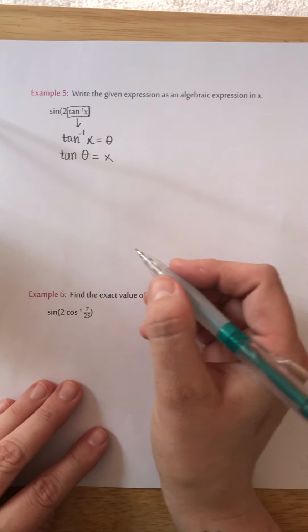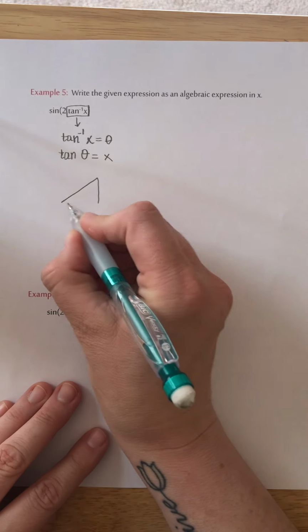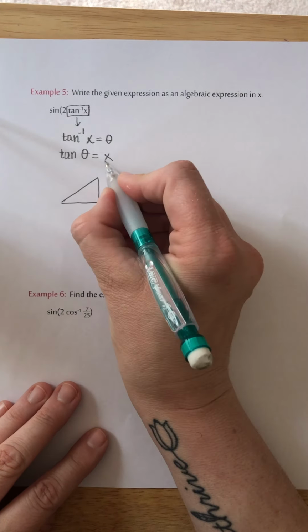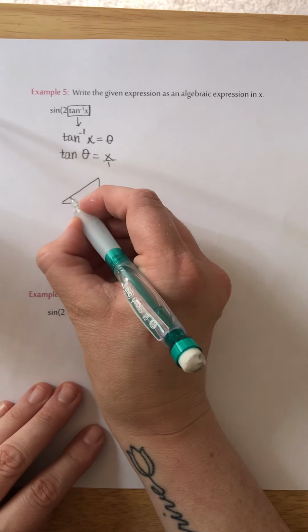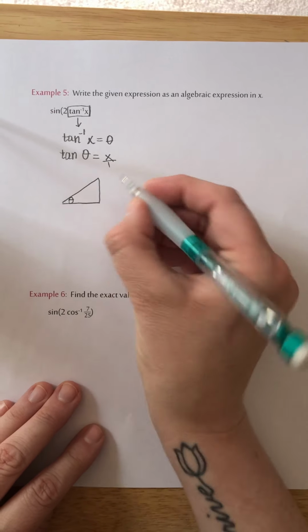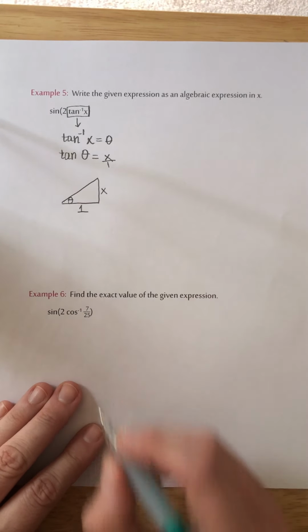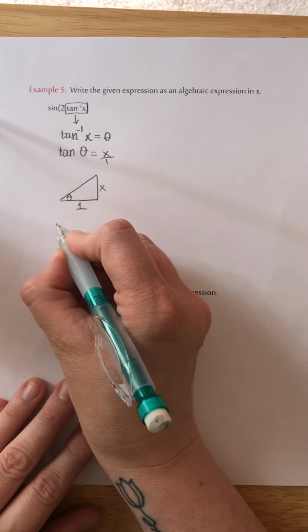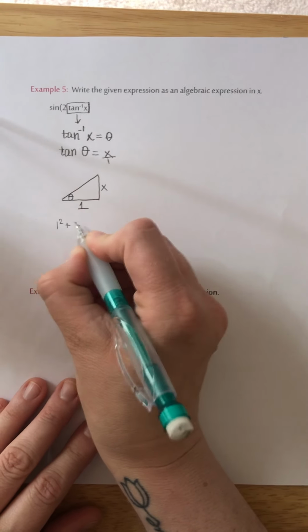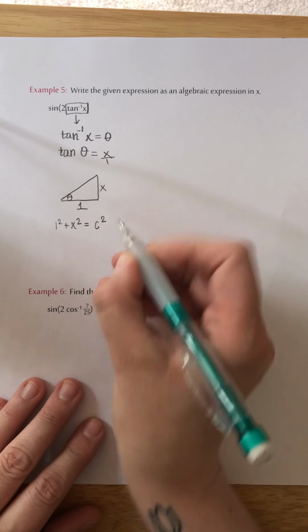All right, well, let's talk about what tangent means. Tangent means opposite over adjacent. Well, let's make that a fraction then, so we can see the opposite and we can see the adjacent. So here, if I put theta, opposite is x, adjacent is 1, and we need to find the hypotenuse, don't we? So we have 1 squared plus x squared equals the hypotenuse squared.